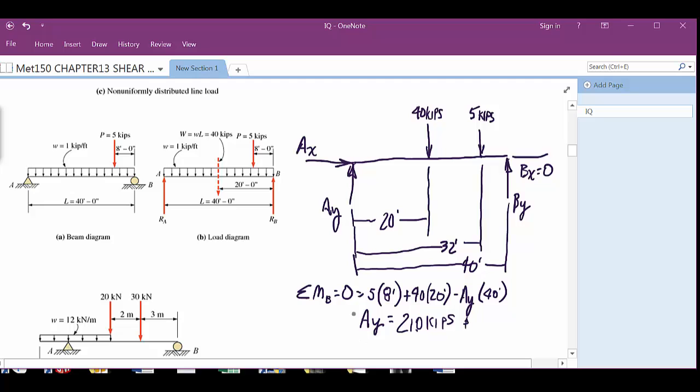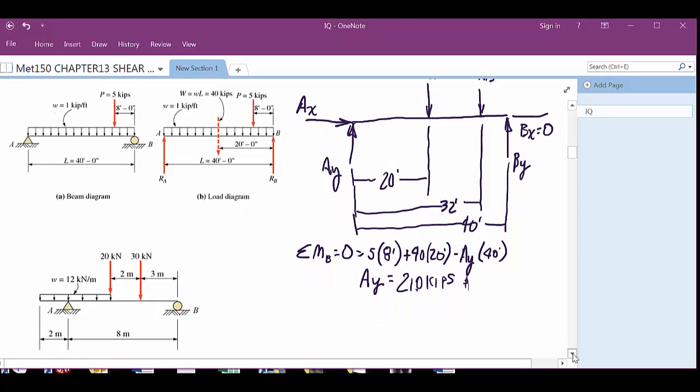Okay. So, then we could solve for BY just the same way. We'd just have to go through A. But can we? Yeah, we couldn't really solve for BY any other way at this point, could we? Sum the moment at A. Then we would have 40 times 20.